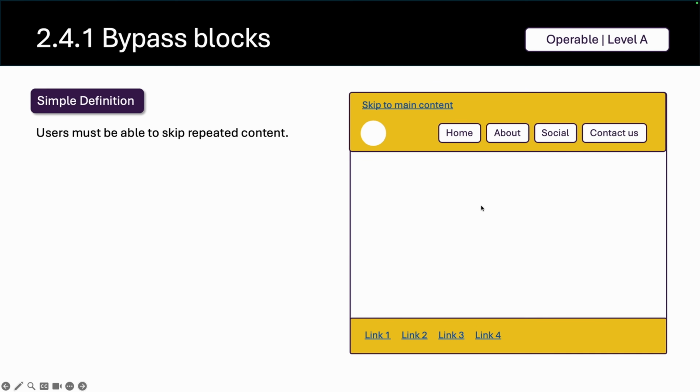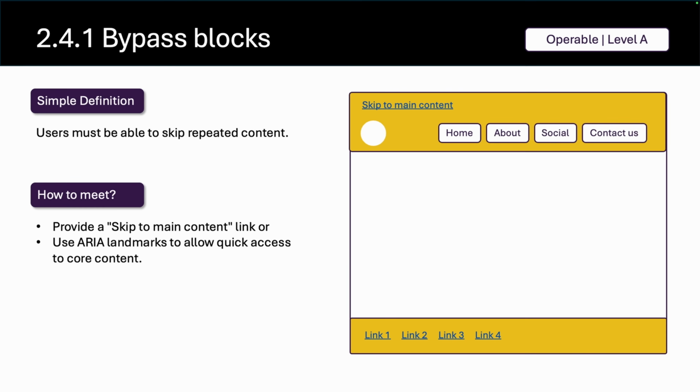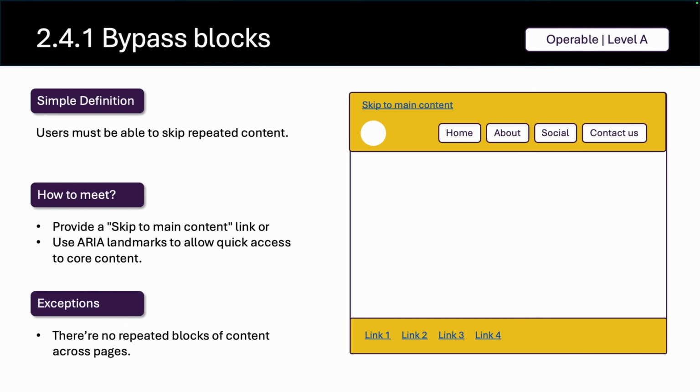This is what the success criteria is all about: a user must be able to skip the repeated content. How do you do that? Provide a skip to main content link at the top or make use of ARIA landmarks. ARIA landmarks are critical. There are different ARIA landmarks such as banner, navigation, main, aside, complementary, and content info.